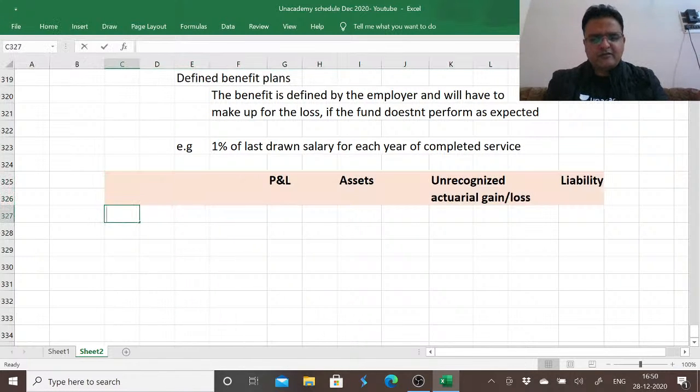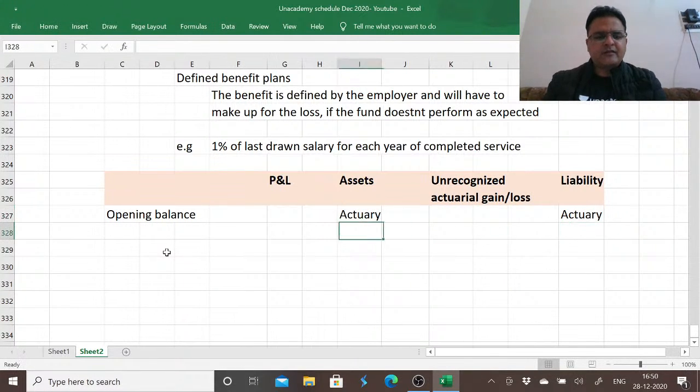there is an opening balance which in the first year of existence will be dependent on what the actuary believes to be the calculation of what we are liable to pay. In the second year it becomes the opening balance. So this is given to us by the actuary. The last year's closing balance becomes the opening balance for this year for fair value of plan assets and fair value of plan liabilities. This is given to us by the actuary.